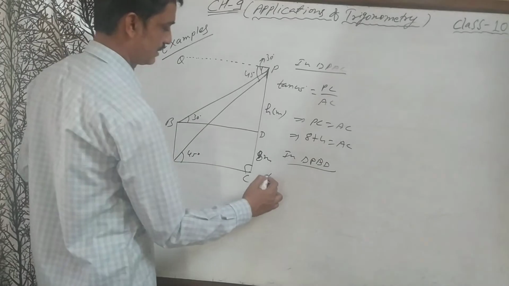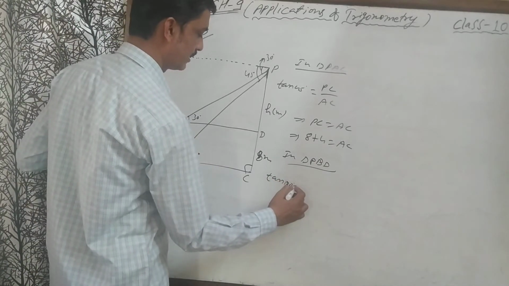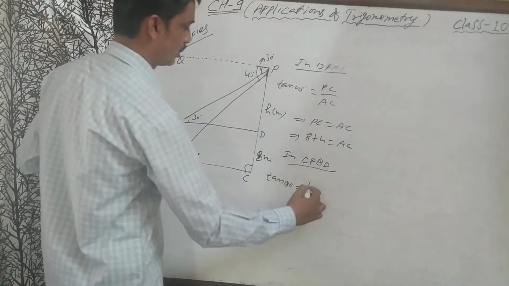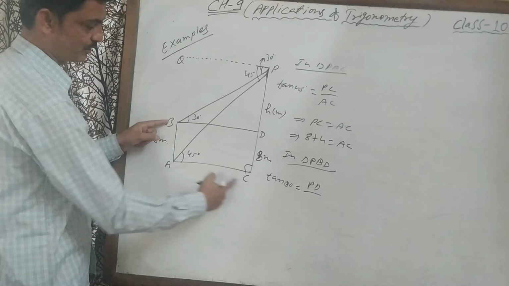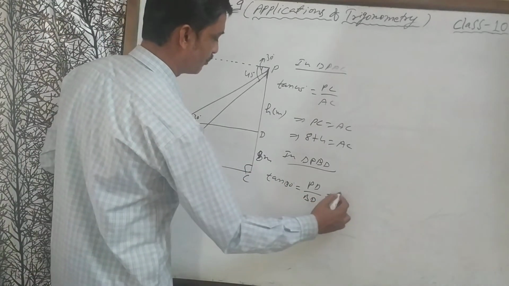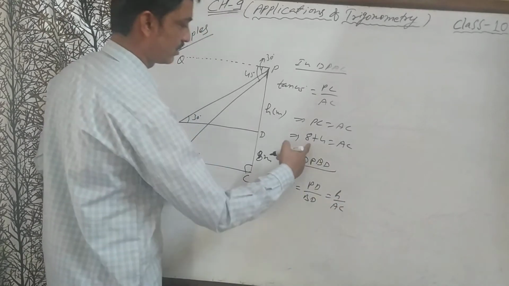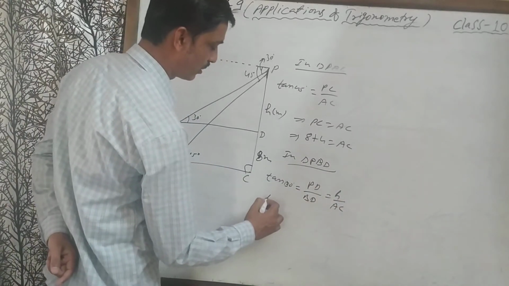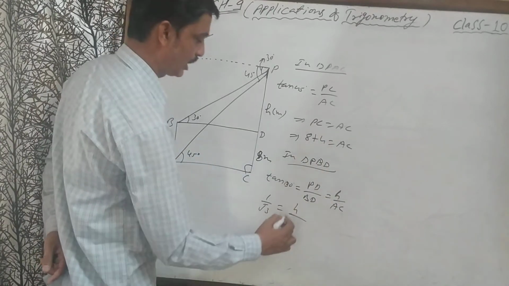Tan 30 degree is equal to what? Opposite PD upon BD. BD or AC, both are equal, so we can write AC here. This BD means h upon AC. AC is what? 8 plus h. Tan 30 is what? 1 upon under root 3. So h upon 8 plus h is 1 upon root 3.